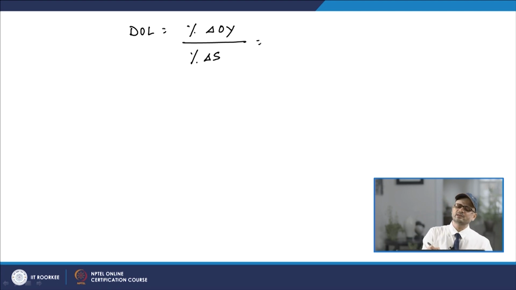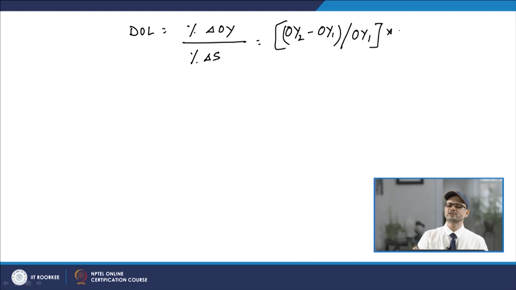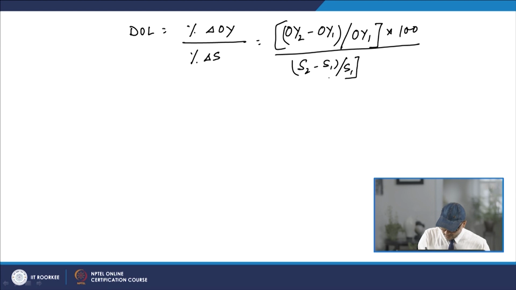It is nothing but the change in the operating income. If you have 2 points, it will be OI2 minus OI1, divided by OI1 and then multiplied by 100. That is your percentage change in operating income. Similarly, the percentage change in sales will be S2 minus S1 divided by S1, multiplied by 100.